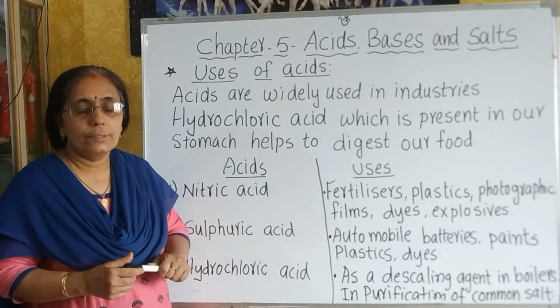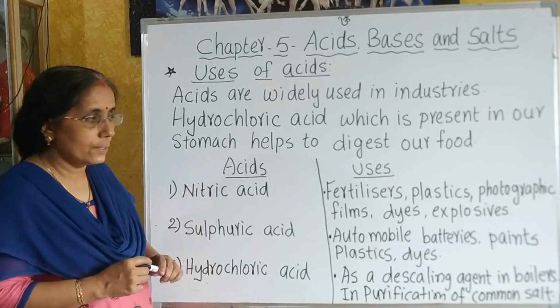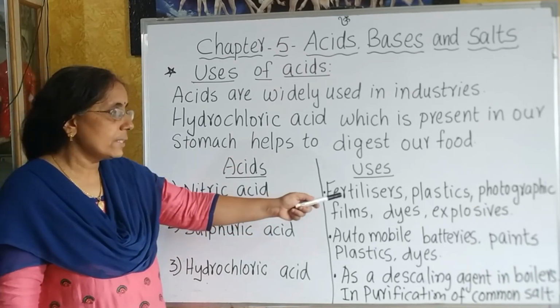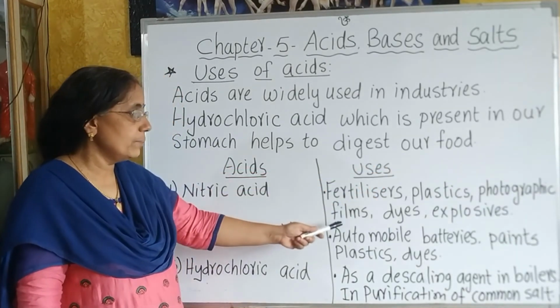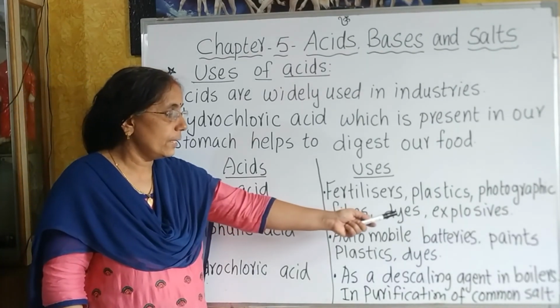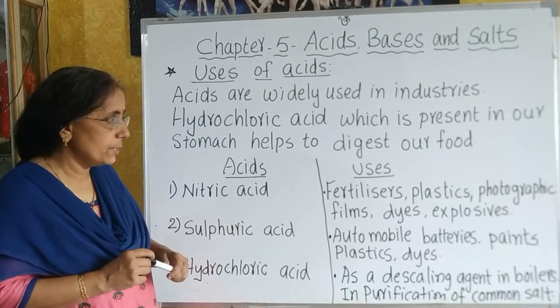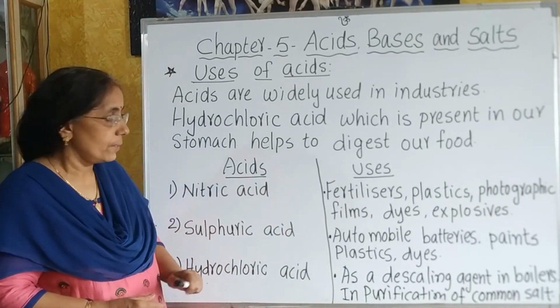As I told you, nitric acid is a very strong mineral acid. So it is used in the industries where fertilizers, plastics and photographic films are produced. And this nitric acid is also used in preparation of dyes, that is coloring material, and also in the explosives.